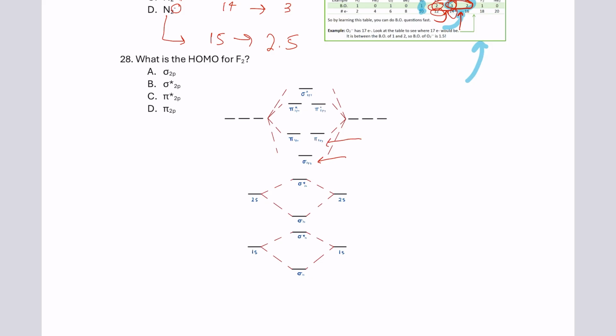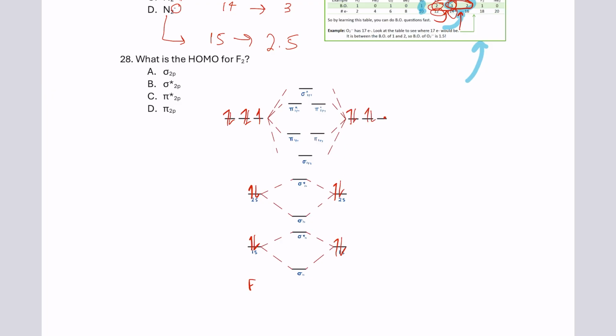So when you draw out your molecular diagram, you want to make sure that you remember that so you can properly answer this problem. From there, we know that each fluorine atom has a total of 9 electrons. So with difluorine, we have 18 electrons to distribute.